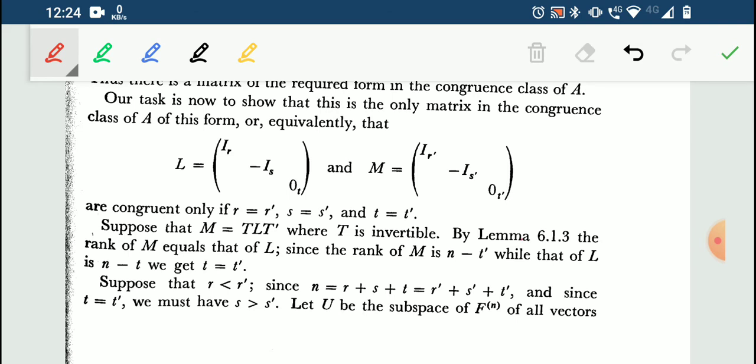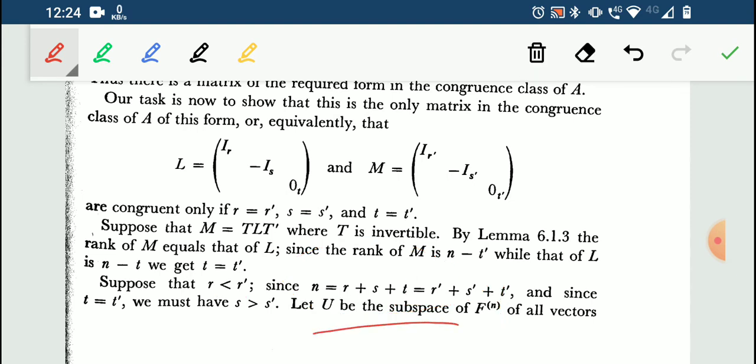And since T is equal to T dash, we can reduce this whole equation. So this will become nothing, and given R is less than R dash, to match this equation, if R is less than R dash, then S will be greater than S dash. That is to match this whole equation.